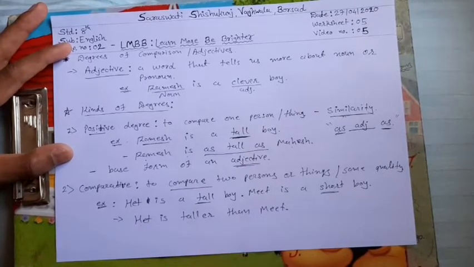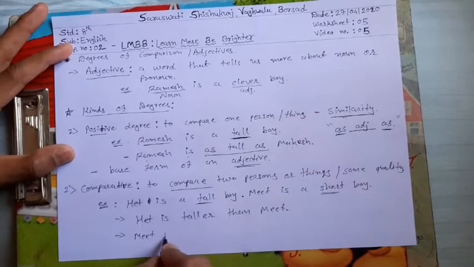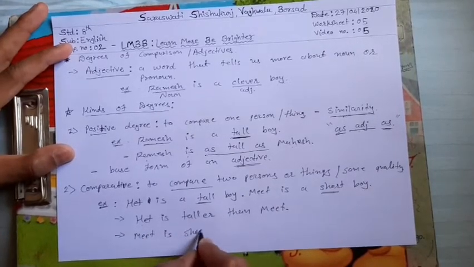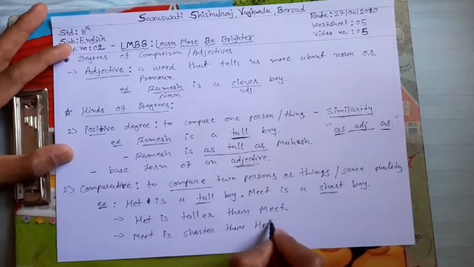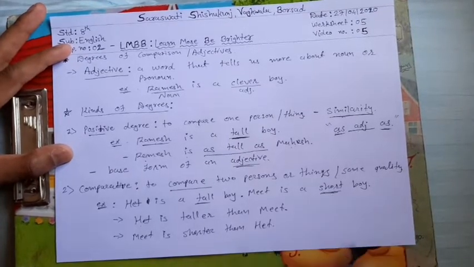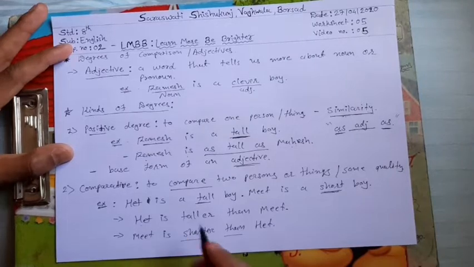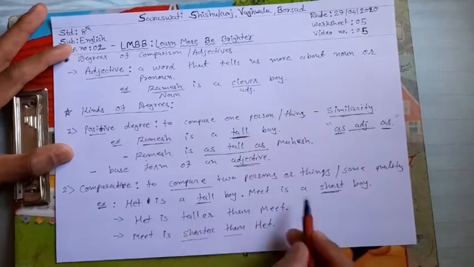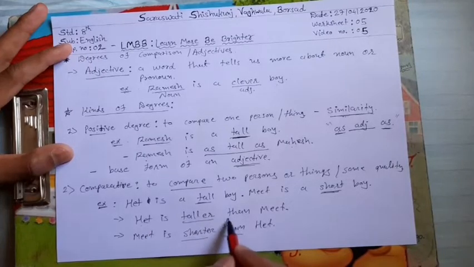લાંબો છે. In another way, we can write Meet is shorter than Heth. Here we are talking about the quality of short. Meet is shorter than Heth, and Heth is taller than Meet.